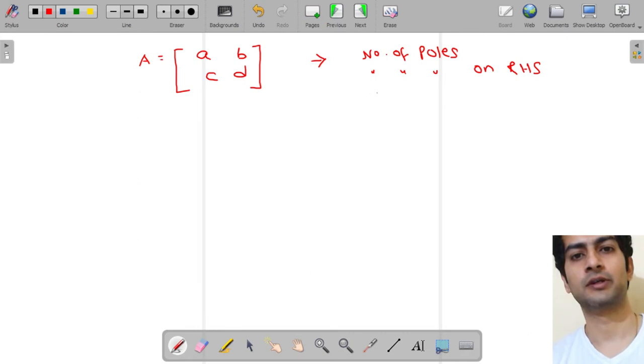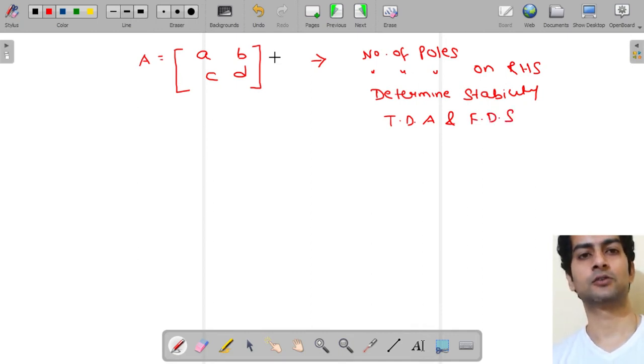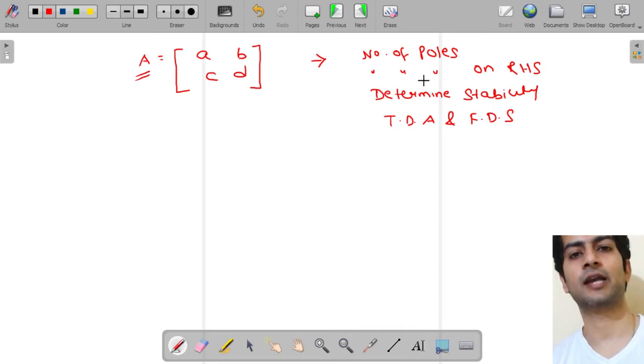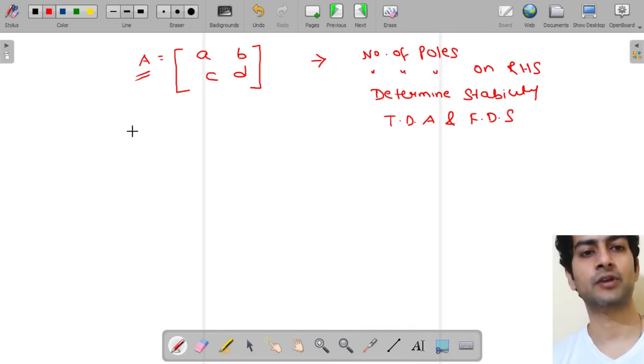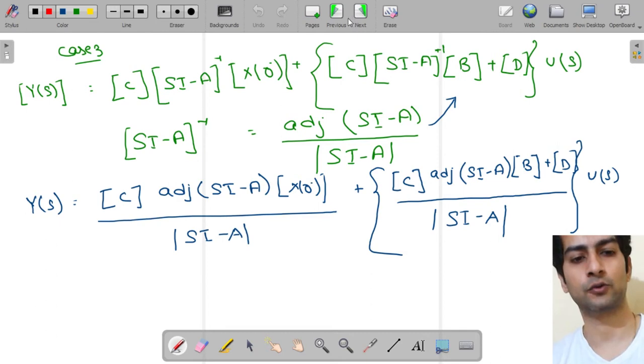They can ask you to determine stability, and all the parameters of time domain analysis as well as frequency domain analysis. Are you getting it? Just from a single matrix, we can calculate anything, and for that we have to find the eigenvalues, that is mod of (sI minus A). I hope this is clear to you.